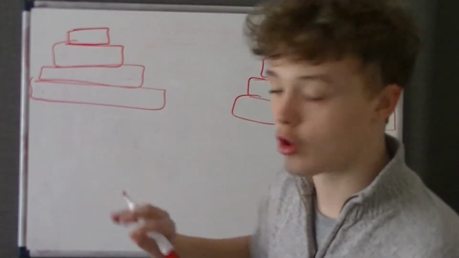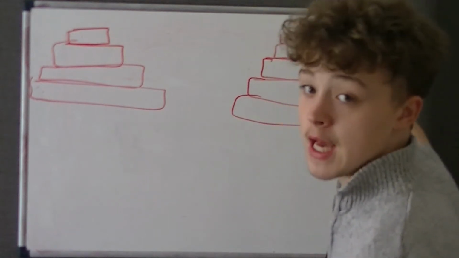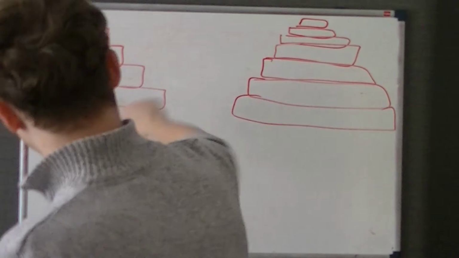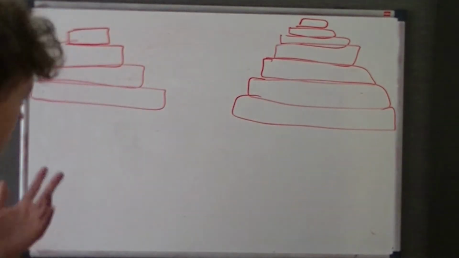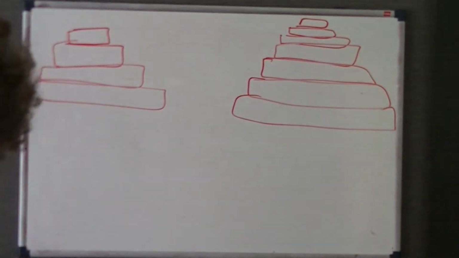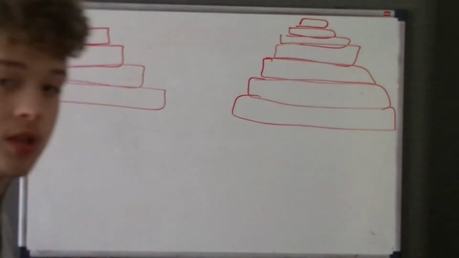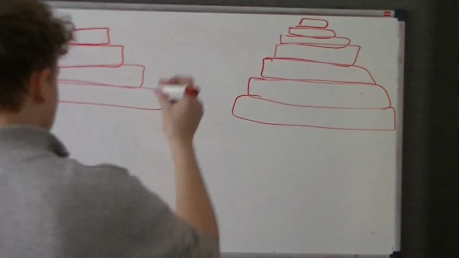Apart from my bad drawing, what you should notice is there appear to be a lot more levels in the tall structure than the small structure, or the flat structure, as it's called in the business world. Now, these bring advantages and disadvantages generally within a business. So what I'm going to do is put a line down.